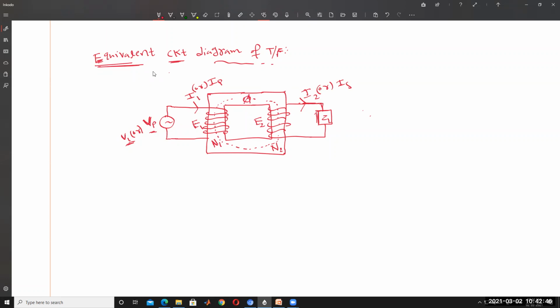This is called the secondary voltage, Vs or V2. In this way, a general transformer is represented. In some cases we write the transformer in this form.